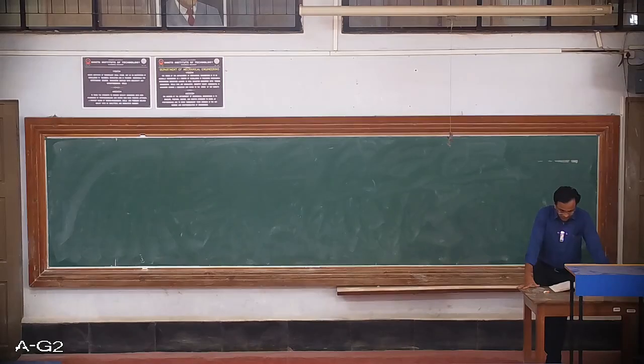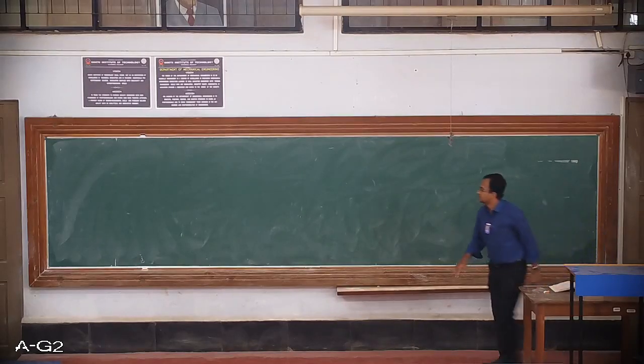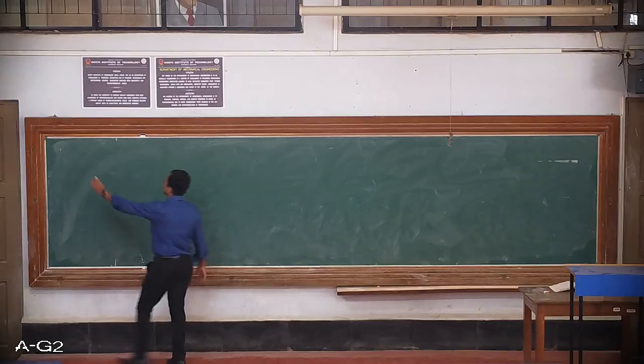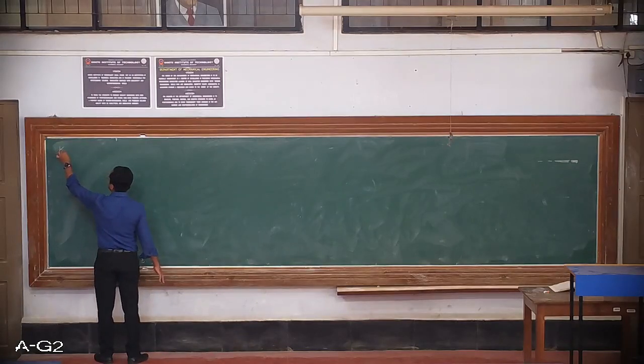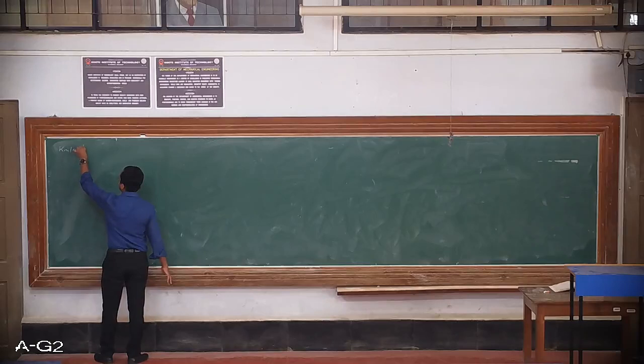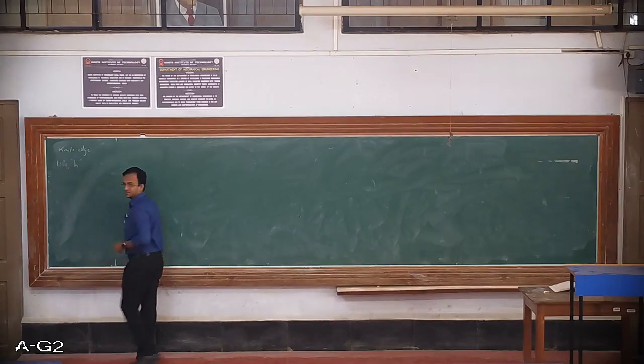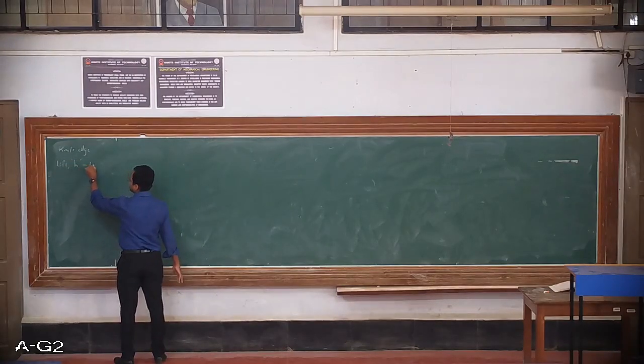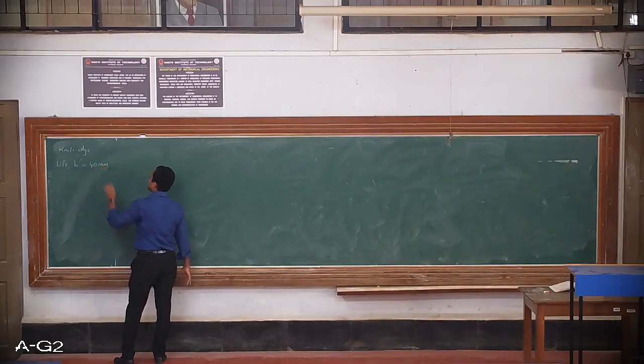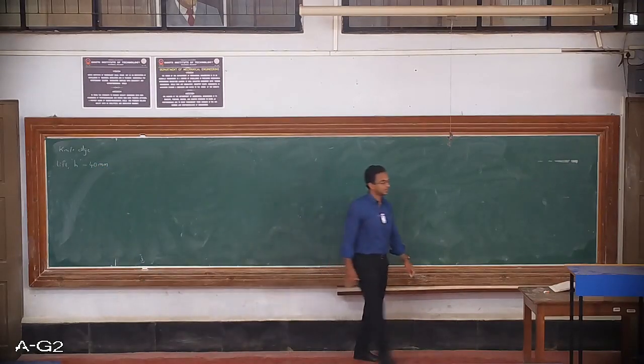Draw the profile of a cam operating a knife edge follower having a maximum lift of 40 mm. So let me write the given data. They have given it as knife edge. They are giving the maximum lift, which I am going to denote by h, small h. This is given as 40 mm. Okay.